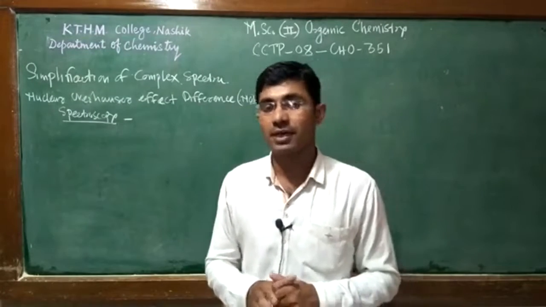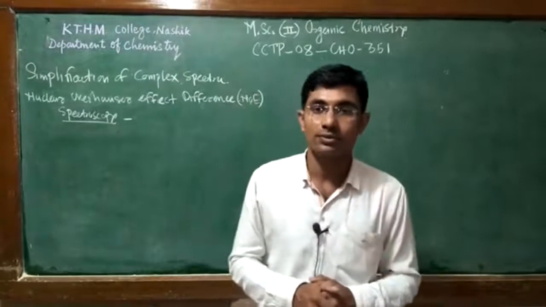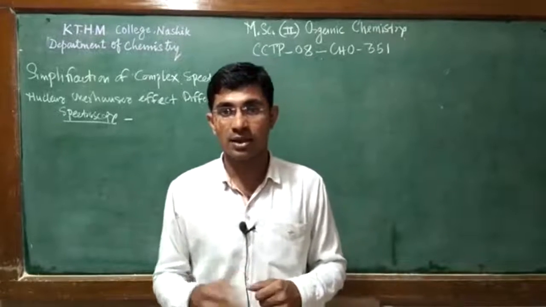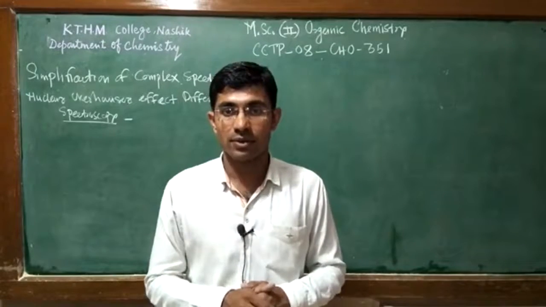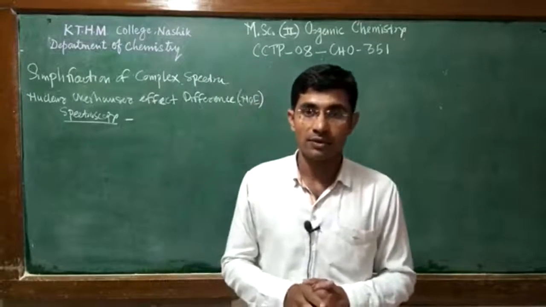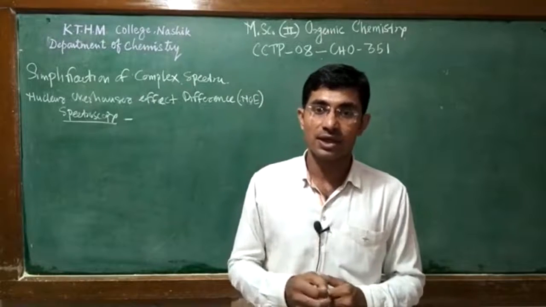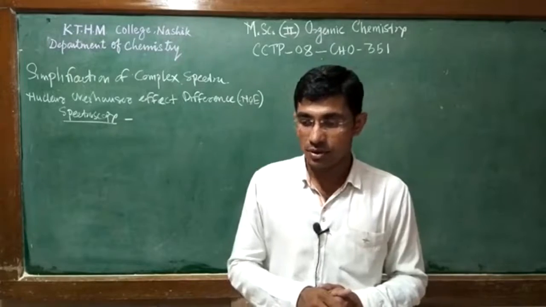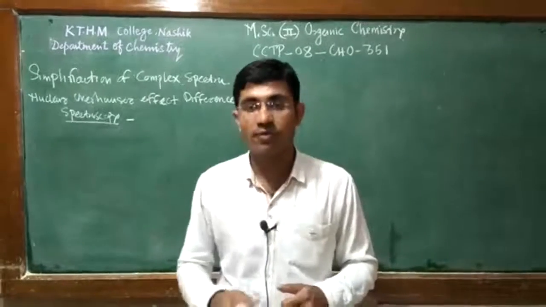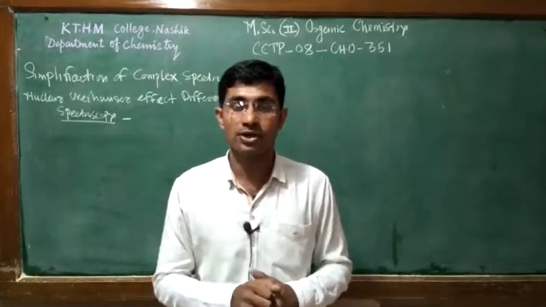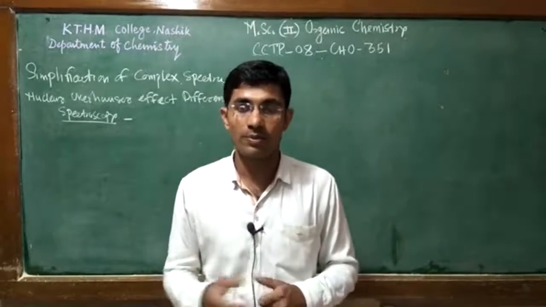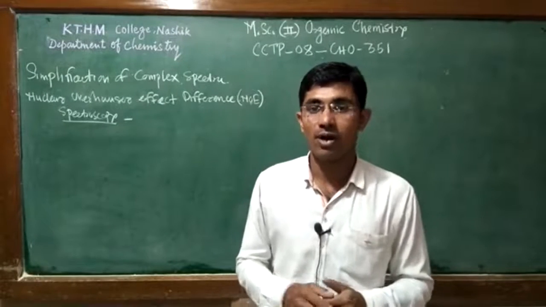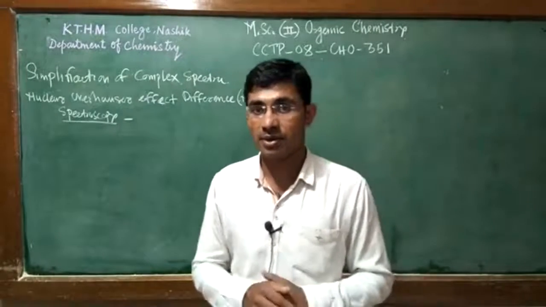For example, in alkenes, whether two groups are cis or trans. Also, in a bicyclic system, whether a substituent is in the exo or endo position. This type of spatial location of protons cannot be solved by simple NMR spectra.